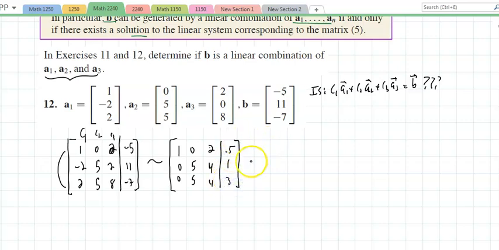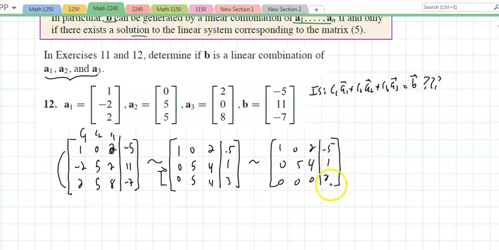And if I take negative row 2, add it to row 3, and here we go. What does that mean? This says 0 C3 equals 2. 0 equals 2. That's not true. There's no solution.